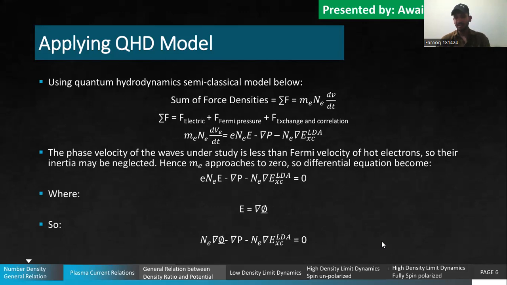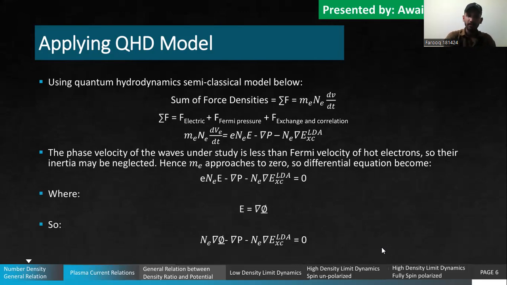But when we are dealing with the phase velocity of waves, the Fermi velocity of hot electrons is very high compared to the phase velocity of waves. We are studying the waves. I said earlier that we are studying the fluid, so the velocity of the whole fluid is very small compared to the velocity of a single electron, because the velocity of the wave front that the electrons form is very small compared to the electron velocity, since these are hot electrons. And when we applied such a high temperature, 5000 kelvin, the electrons move very fast. So due to their speedy motion, we can ignore the mass of the electron here. So me approaches zero.